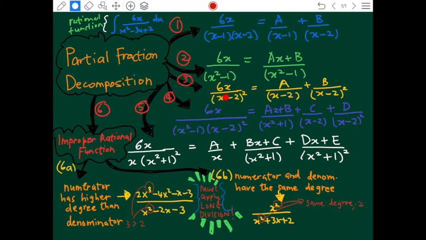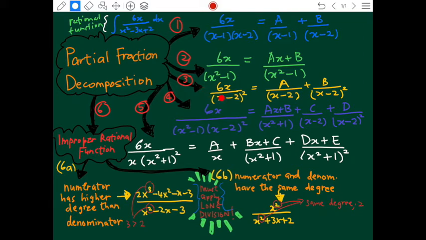So in type 3, I have here 6x over x minus 2, and this function has the power of 2. It means that x minus 2 times x minus 2.